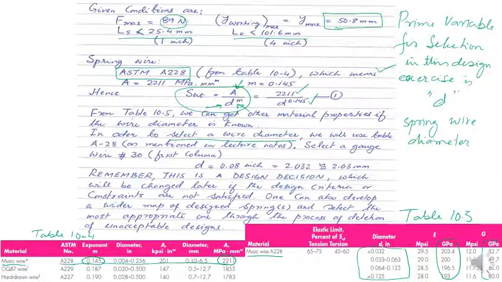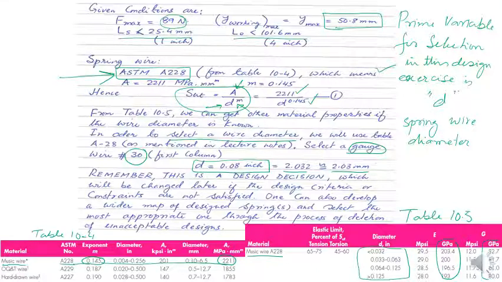Now here I have selected a diameter of 0.08 inch, which I converted into millimeter, which is 2.03 millimeter. This selection is based on a gauge 30 wire and on this ASTM. How we will basically do it?